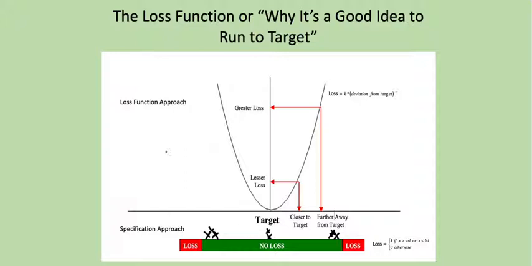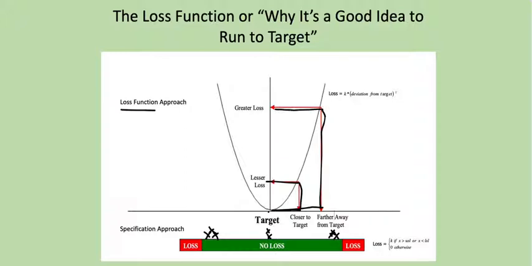So this is where the loss function comes into play. Really what it's saying is you just have a target, a target region or target area. And as you move away from this target, you're incurring some kind of loss. Now, this loss can be monetary, or it can be some kind of increased risk or something like that.